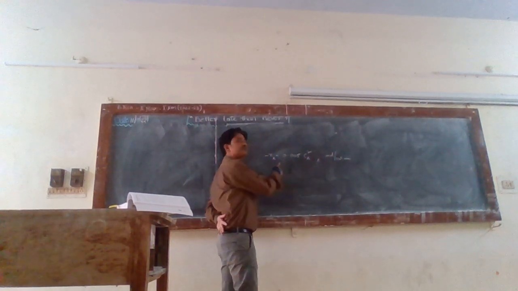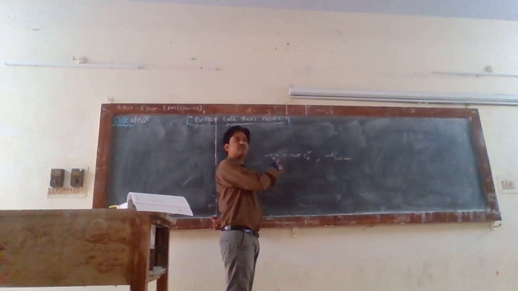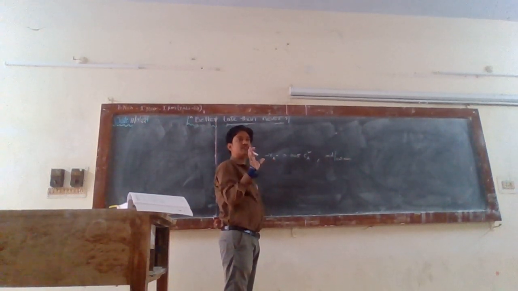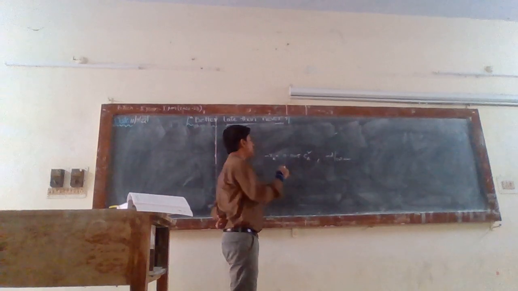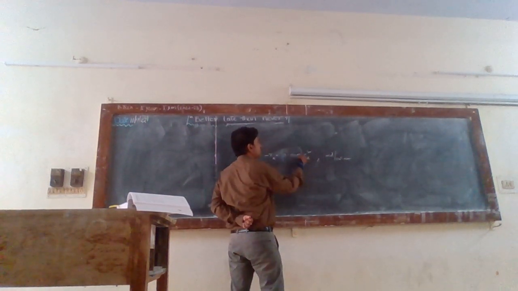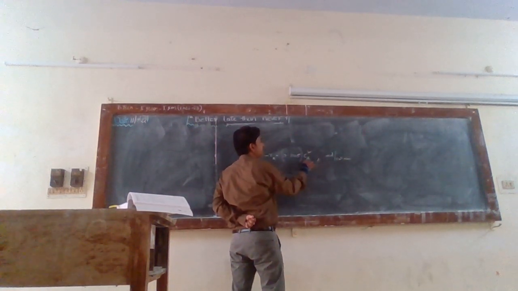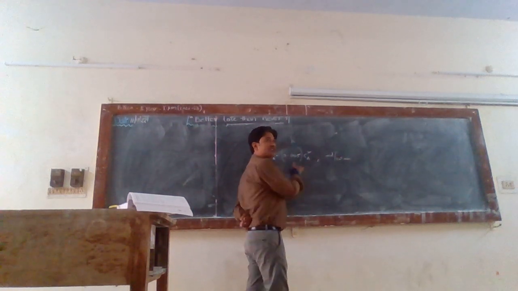So what is this? He has given rate expression, minus R is equal to something. That means temperature dependent term, that is K here, multiplied by CA square.